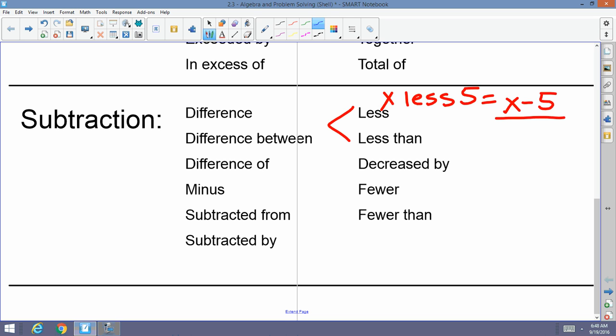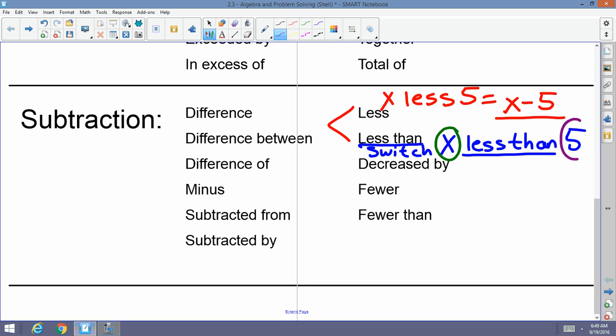However, less than: whenever you see the phrase less than, I want you to remember to switch. Switch what? Switch the first term with the last term. For example, if I tell you x less than 5, you have less than, so you're going to switch the first term with the last term.